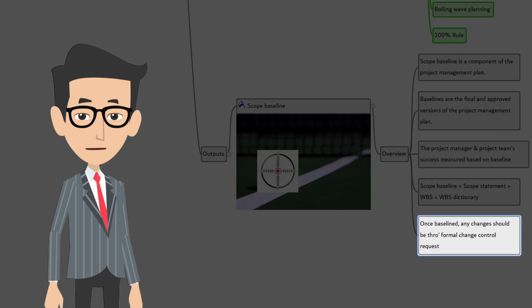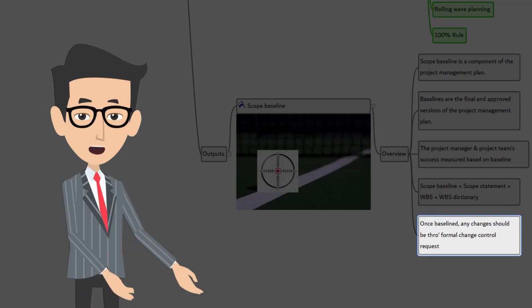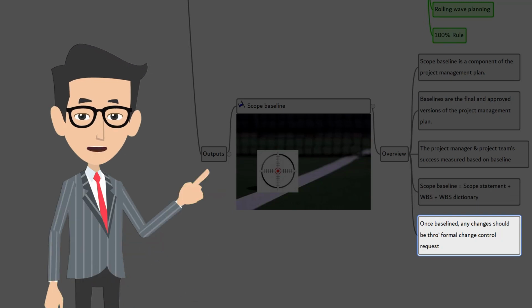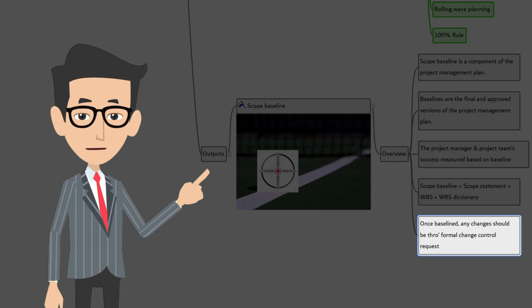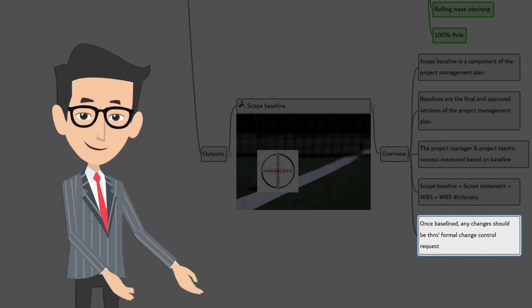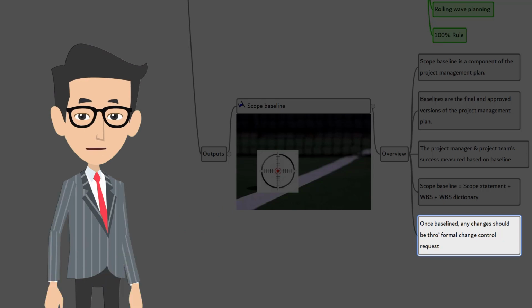Once baselined, the changes can be carried out only through formal change control procedures. Keep in mind, approved changes may bring in new activities which may affect WBS, WBS dictionary, and the project scope statement. Accordingly, those need to be updated. This updated documentation becomes the new scope baseline for the project.